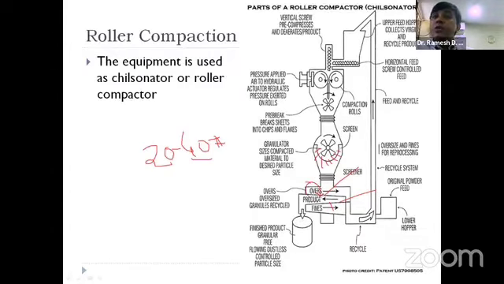Granules which are oversized will roll from the 20 mesh sieve and they are recycled. The granules which are of actual size, that is less than 20 mesh and above 40 mesh, will roll to the product collection bin. And the granules which are smaller than 40 mesh will be collected as fines. We require some fines.